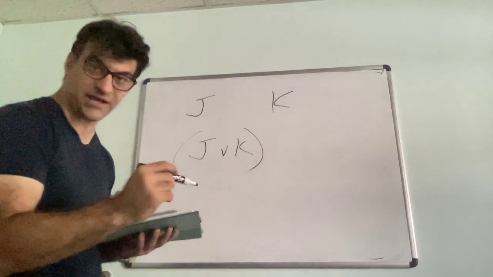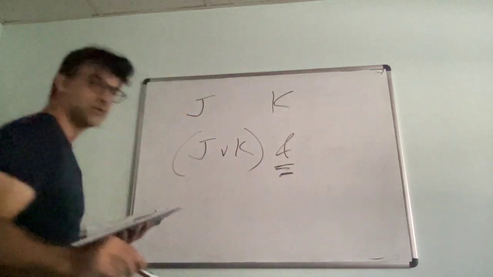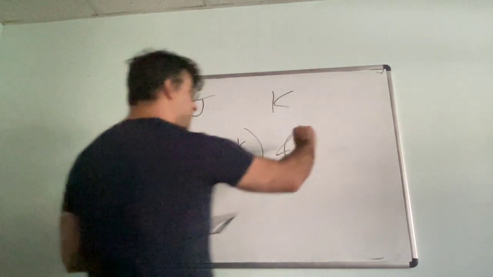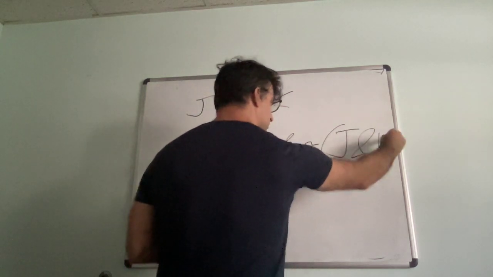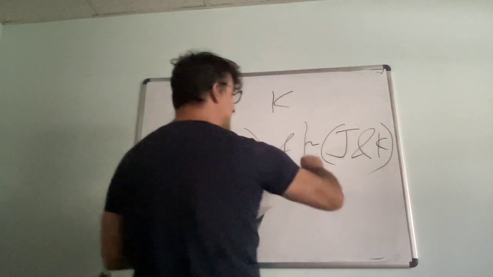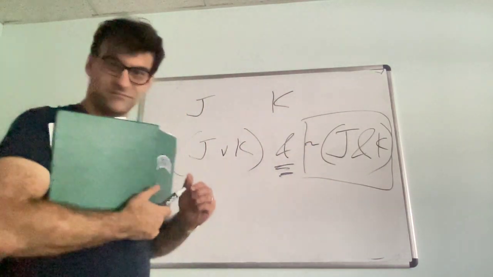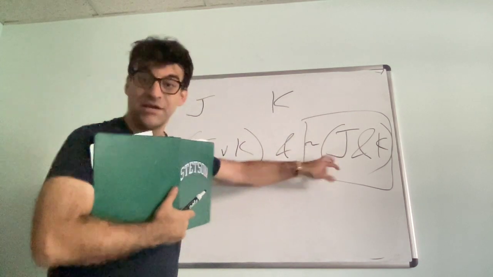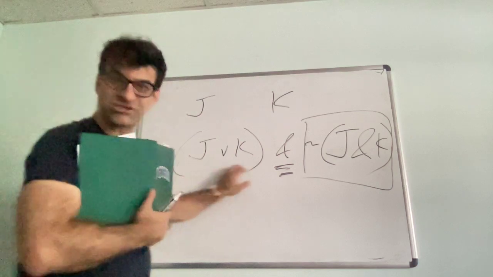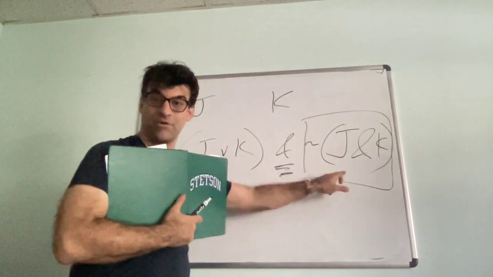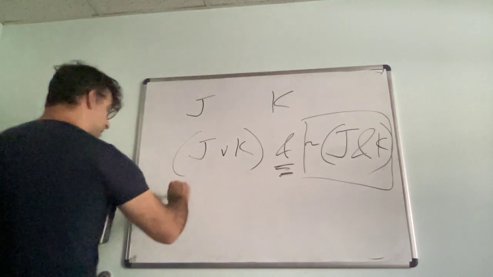So this specifies one of them will win, but it's an and, right? But it won't be J and K. Not both. One will win, but not both. So if you think this means both of these are false, you're wrong. One is true, but not both. Now, again, equivalent expressions are allowed.